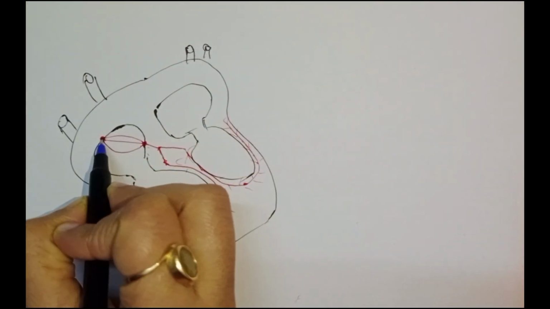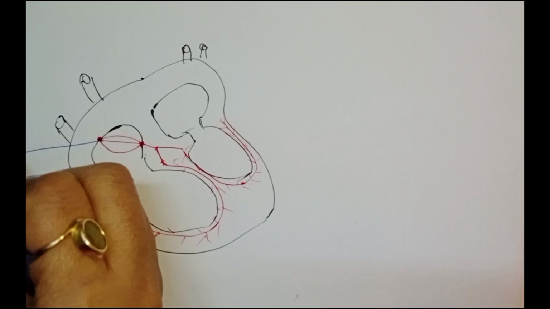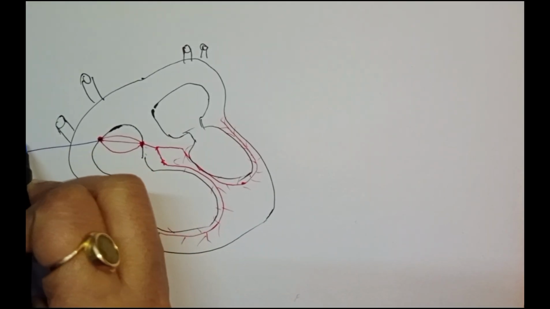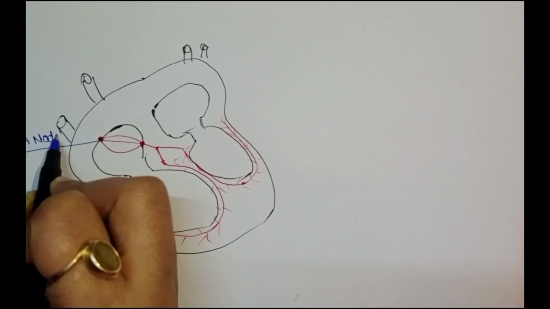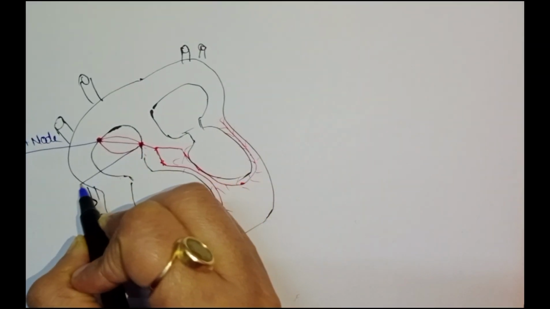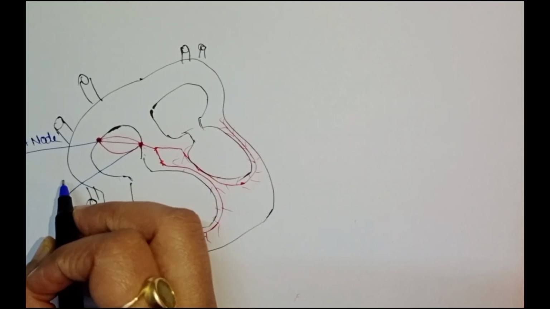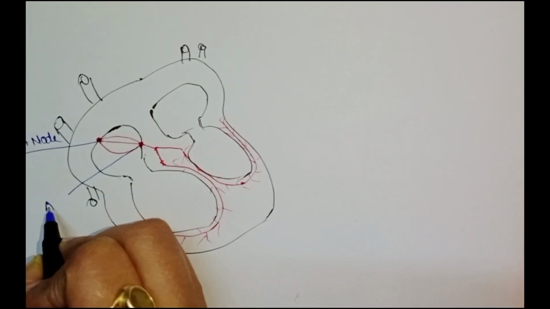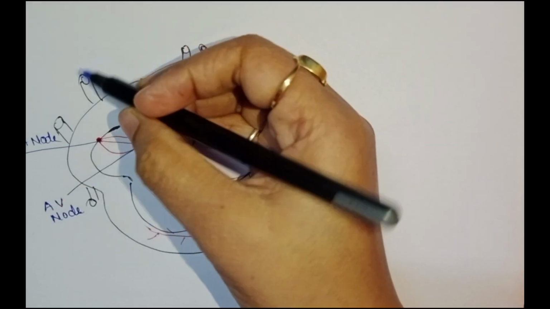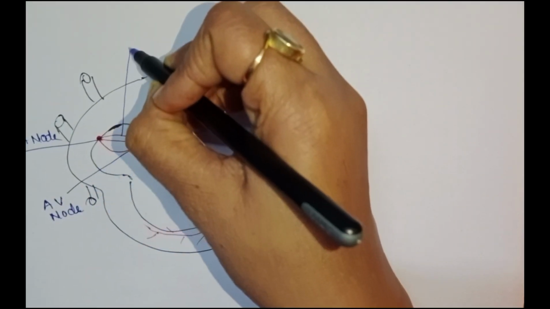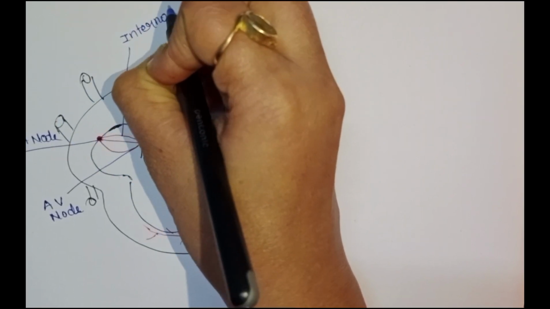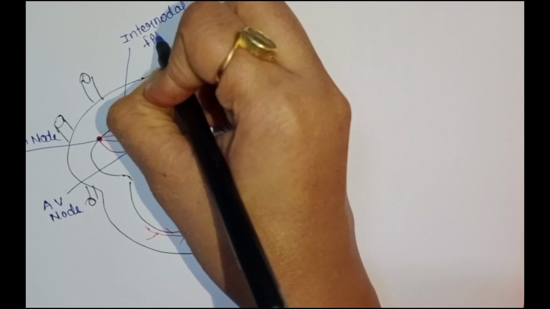So this dot-like structure is SA node, and this is atrioventricular node, and this is internodal fiber.